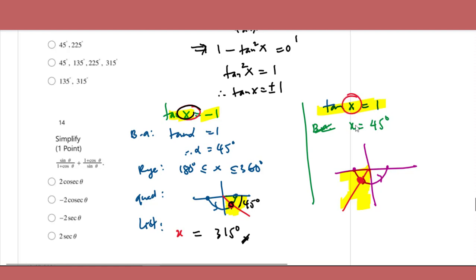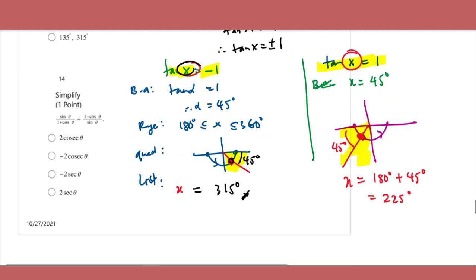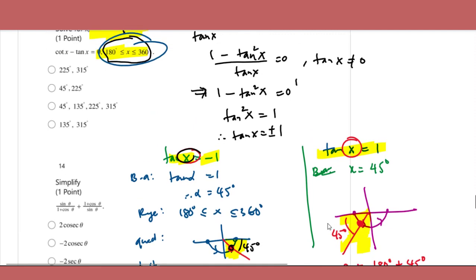So x is equal to 180 plus 45, which is equal to 225. Therefore x is equal to 225 and 315. Just two answers.